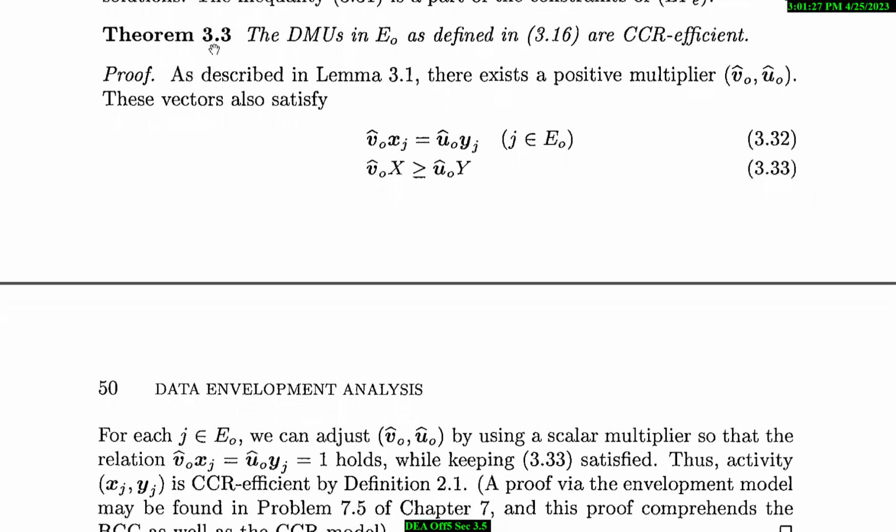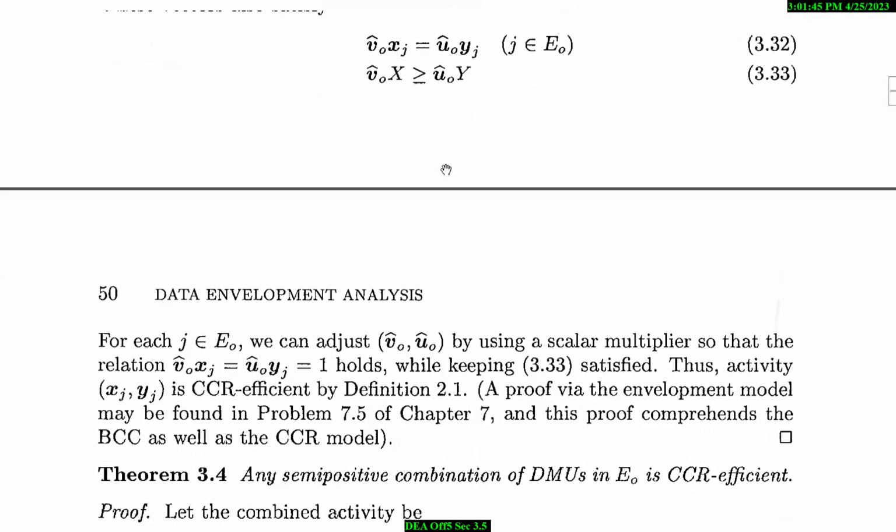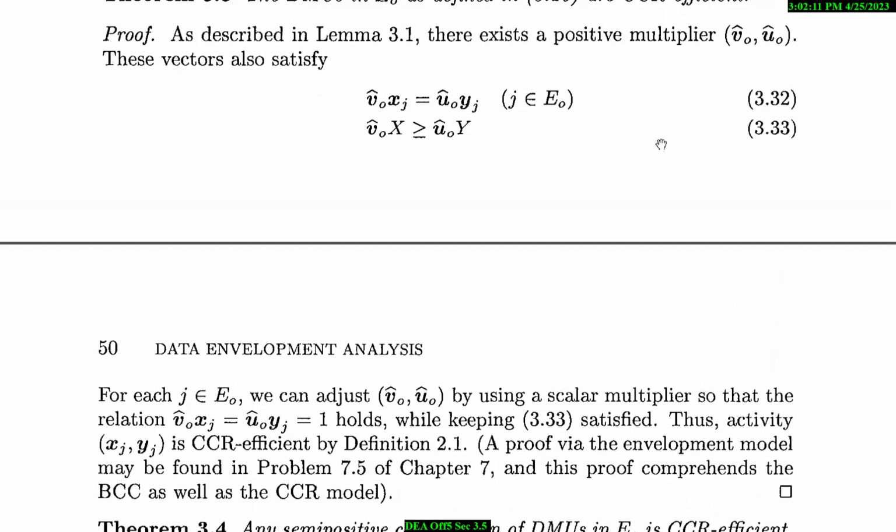Now we have theorem 3.3 that says the DMUs in E O that was defined before are CCR efficient. For this purpose, we use the lemma 3.1 as it was proved. There exists a positive multiplier that satisfies these relations.